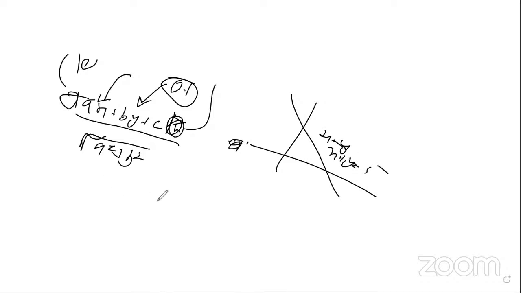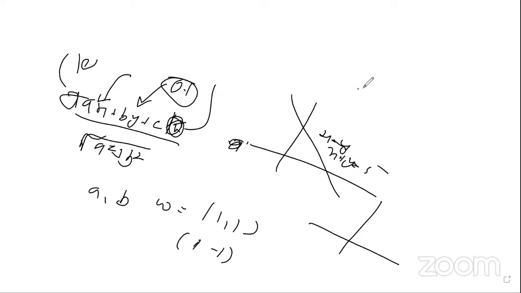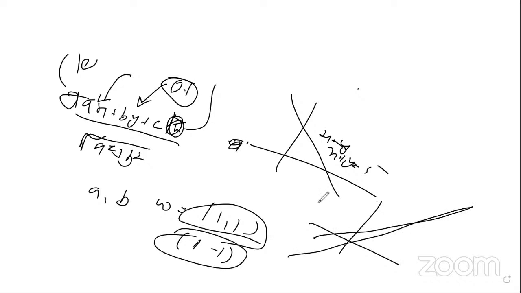What are your a and b? The W vector is going to be (1, 1), right? And if I change this to 1, minus 1, it will give you x minus y equal to something, or if c is 0, then x minus y equal to 0. So your W vector is actually deciding the orientation of your surface.